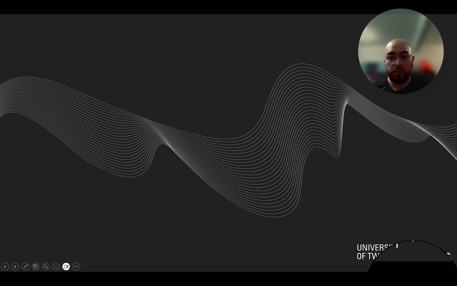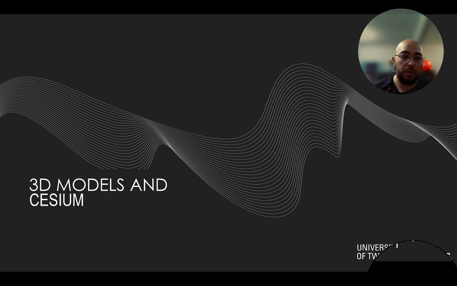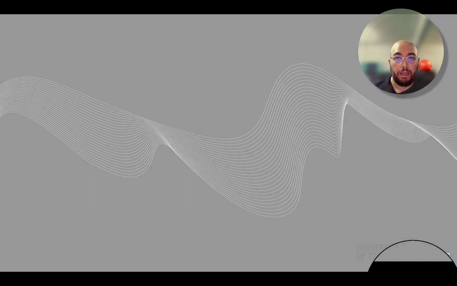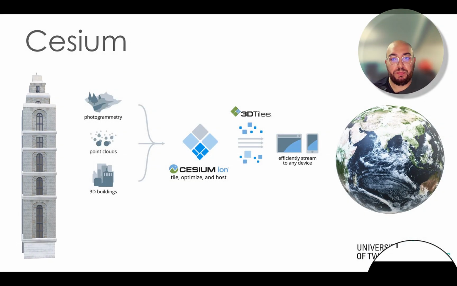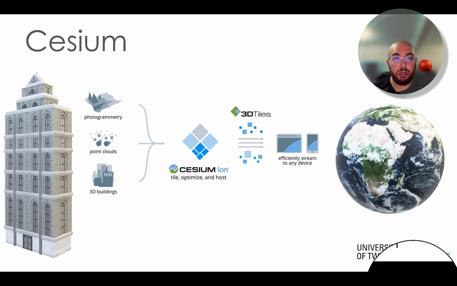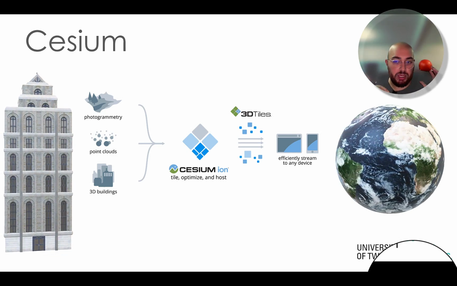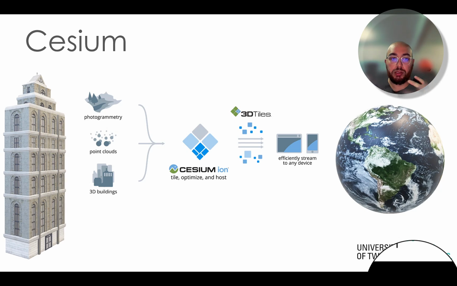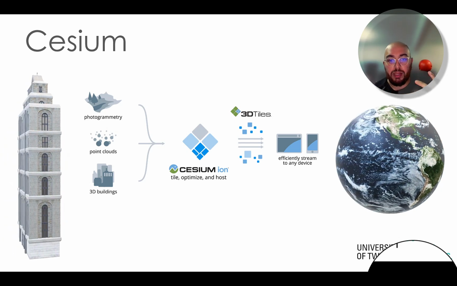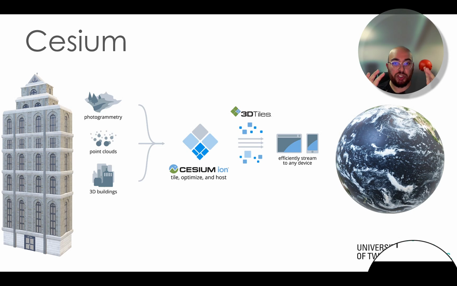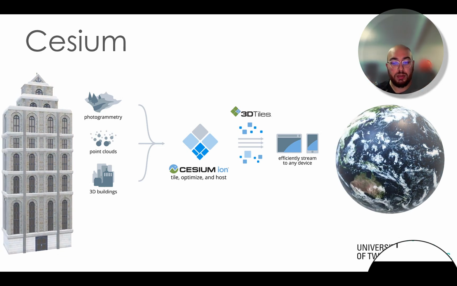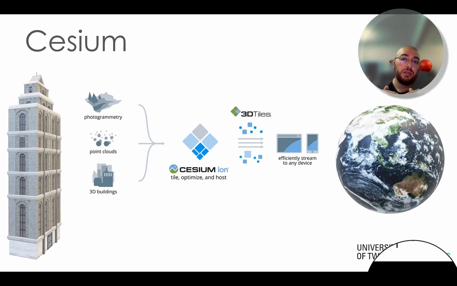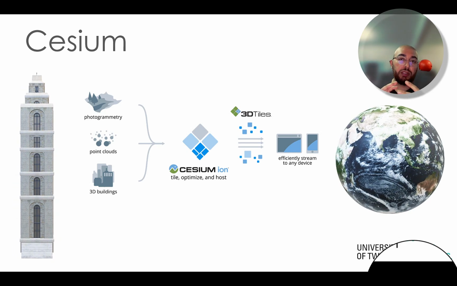So now let's talk about the 3D models and how you can incorporate them in Cesium. Cesium is a platform that can store photogrammetry, point clouds, whatever 3D object you can think of, and they have a server where they store these 3D models, and they optimize them to transform them into 3D tiles. Now 3D tiles have become the standard for hosting 3D elements in any platform.